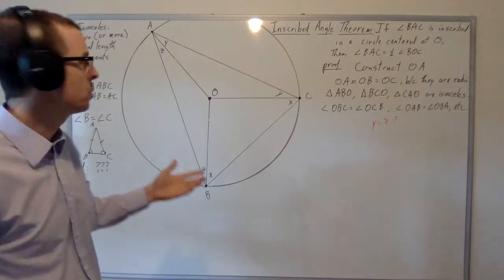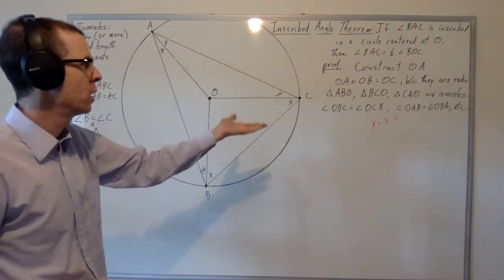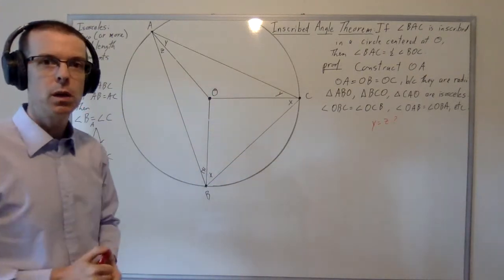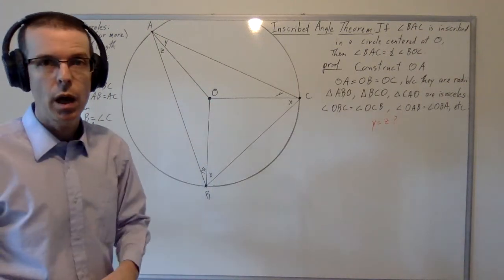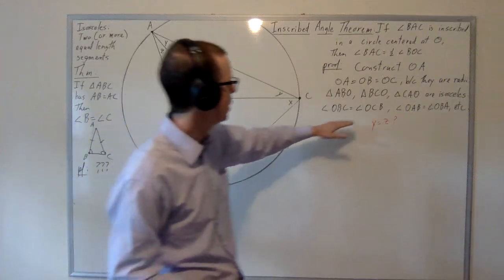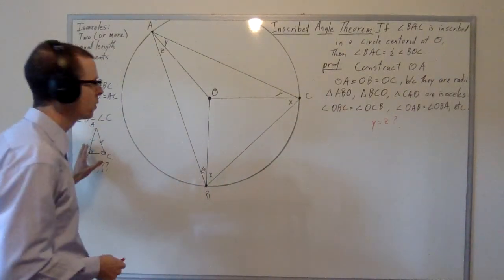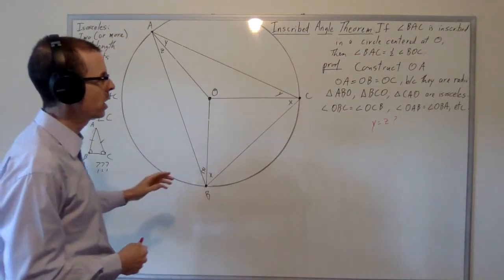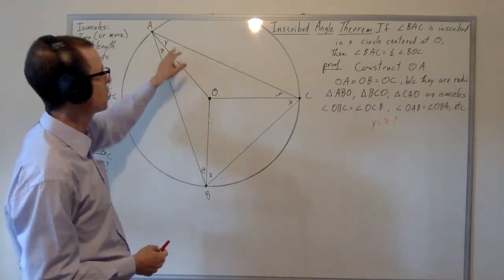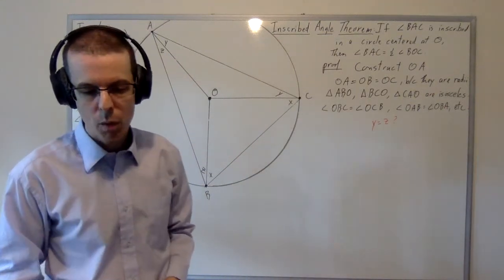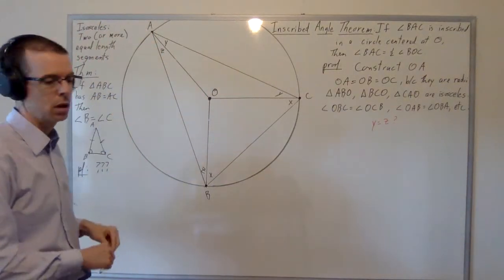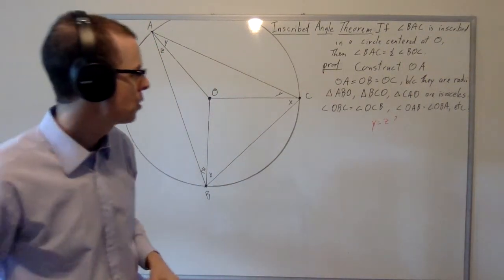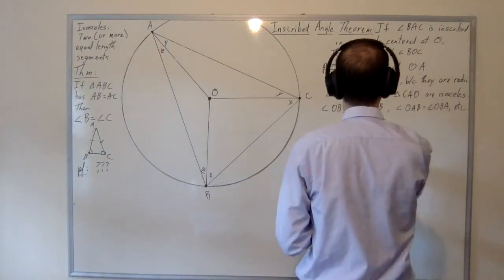And you can tell the difference because there's no particular proof theoretic reason why y should be equal to z in this diagram or this problem. We won't be able to justify it, in other words. We can justify this because they're equal base angles of isosceles triangles, but we can't justify the claim that y equals z because it's not a necessary feature of this scenario. There's no particular reason why it has to happen that way.